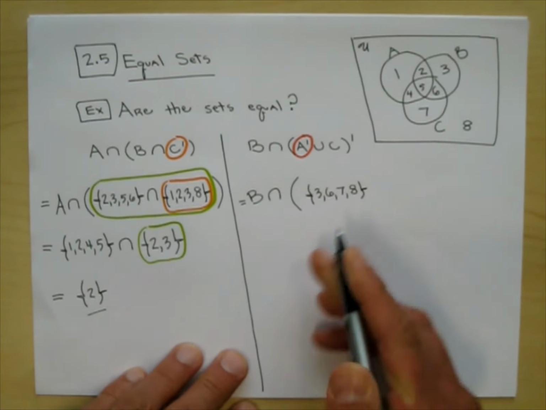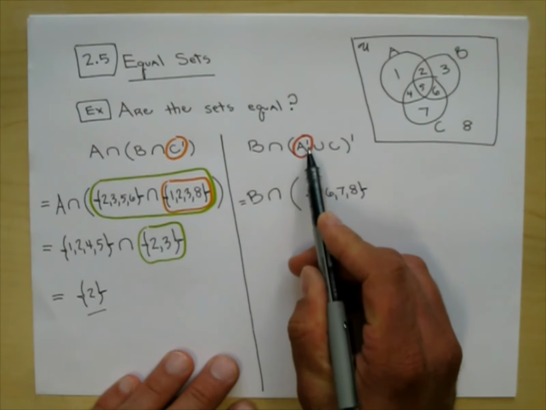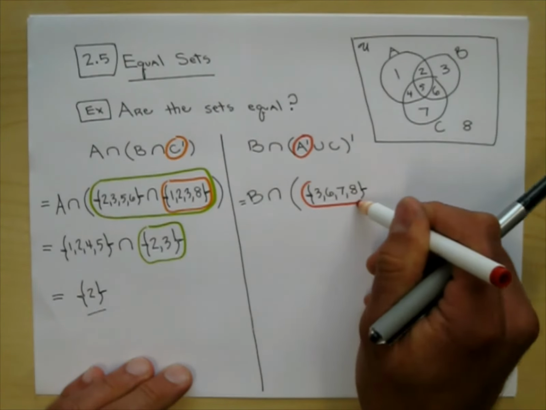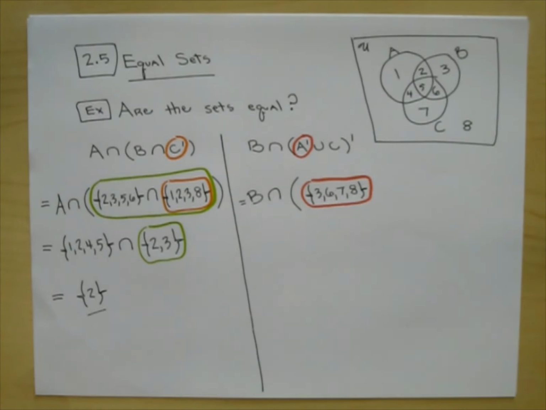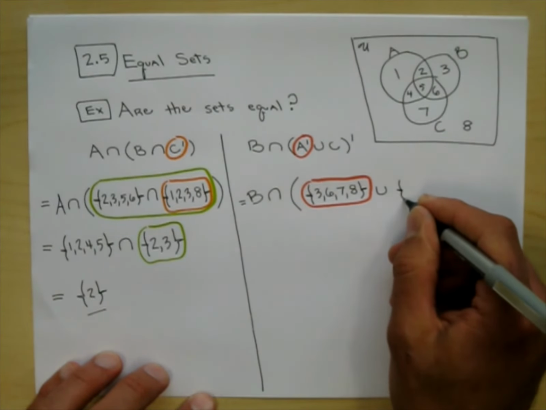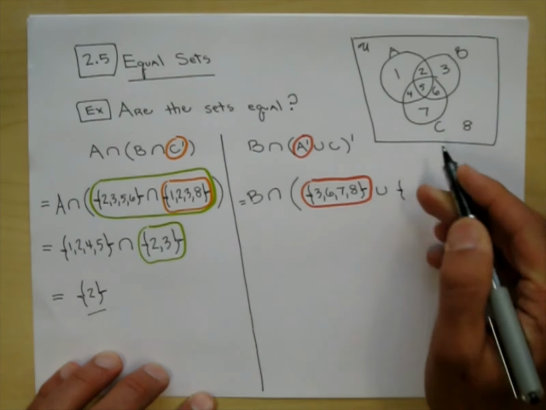If you want to write out what is in A and then put the little tick mark, you can do that. It's just going to be an extra step. Okay, and we're going to union this with C. So what's in circle C? 4, 5, 6, 7.